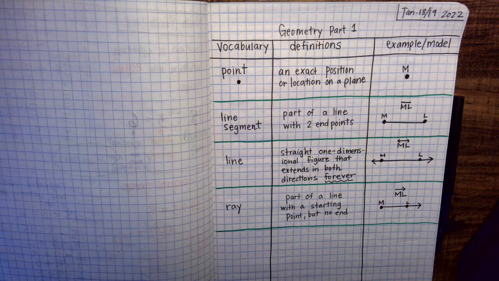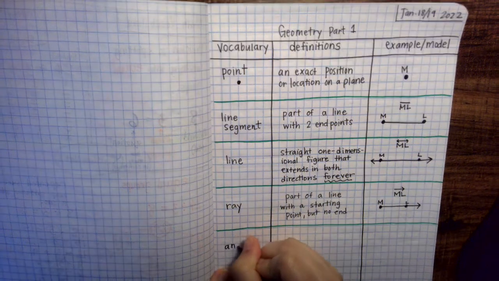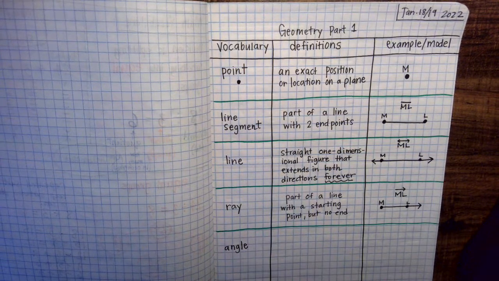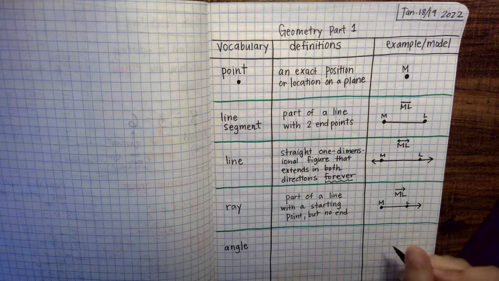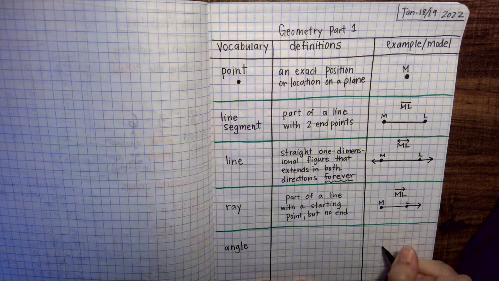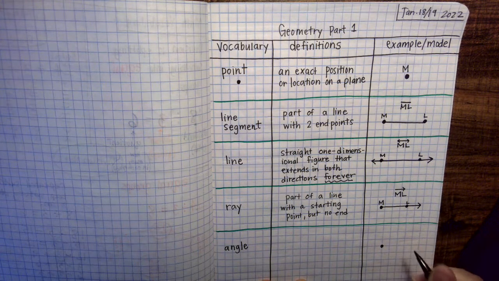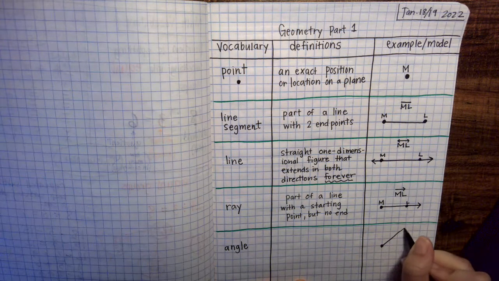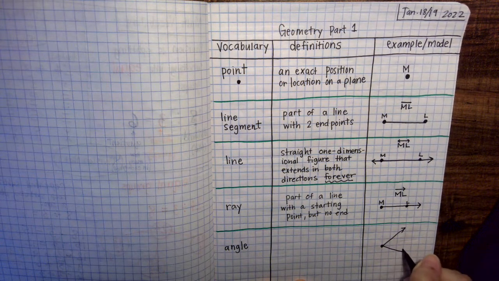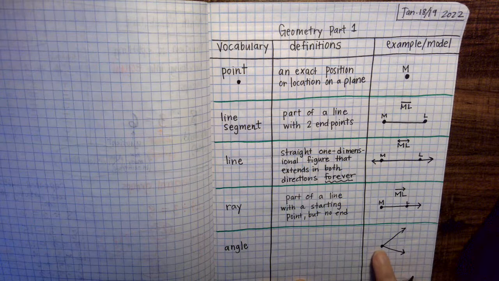The last word we're going to go over today is an angle. And I know we've gone over these last year. We have 3 different types of angles, so we're going to be going over those next time. So this is my angle. My angle has 2 rays, which are coming out of one common endpoint.